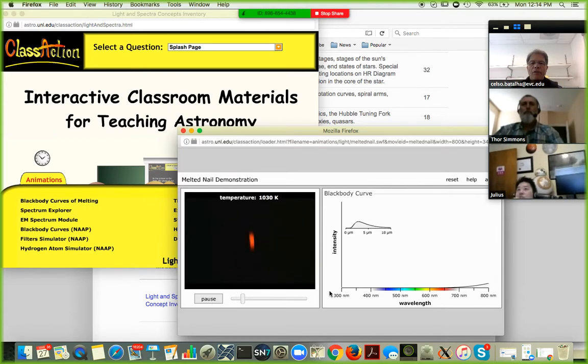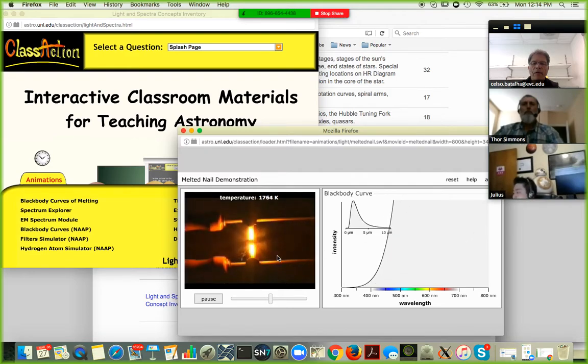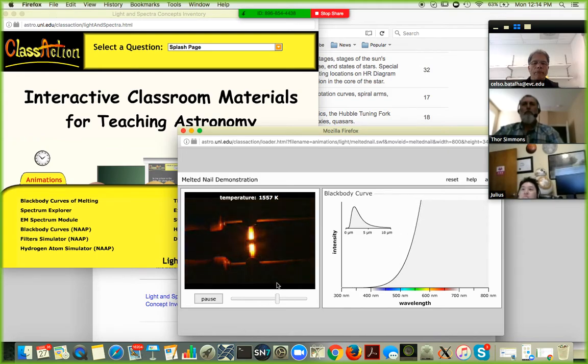So the temperature is growing, and the black body radiation is also growing here. First peaking in the infrared, right? And eventually it's going to start peaking in the blue, but then the metal can't support that anymore and then it breaks down. See that? And now it starts going down.